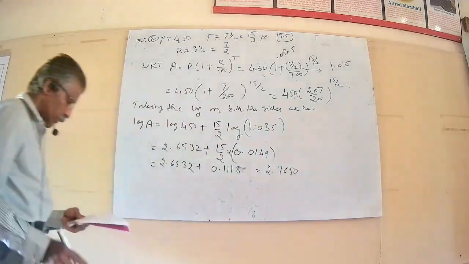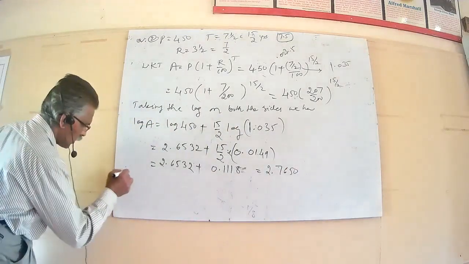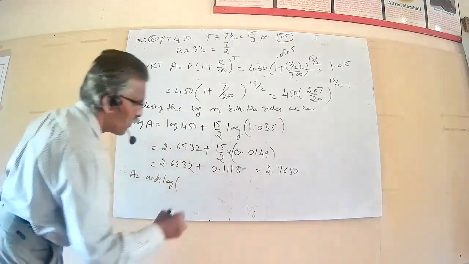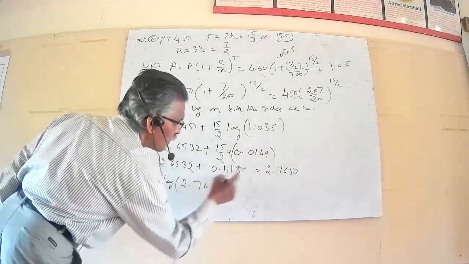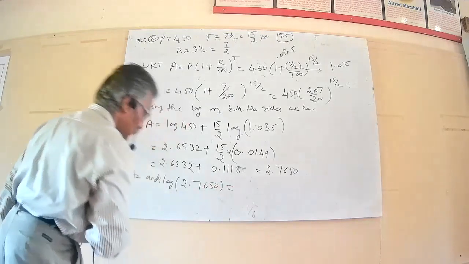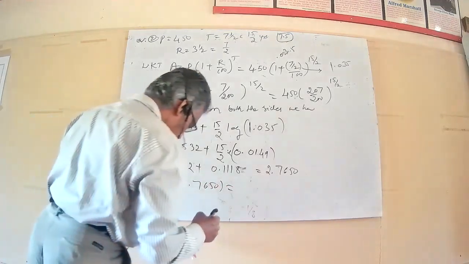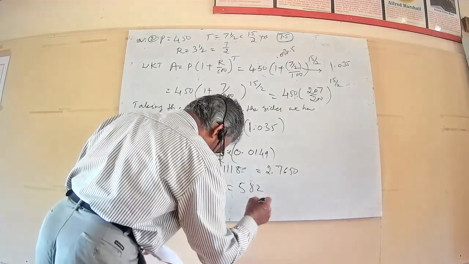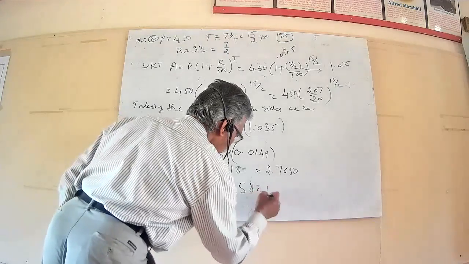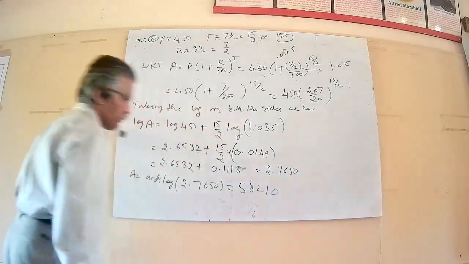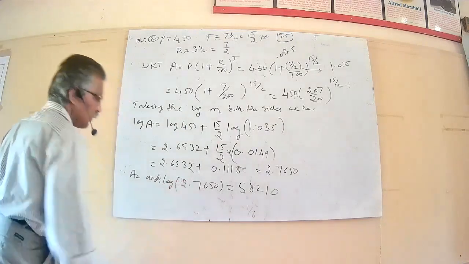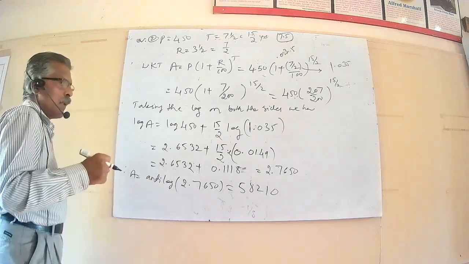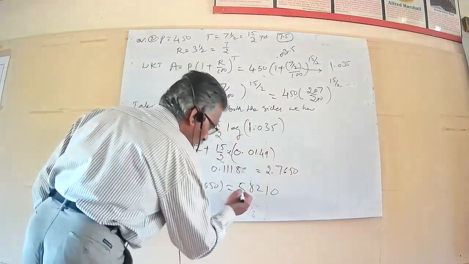2.7650, and therefore A equals the antilog of 2.7650, which is 58210. Since the characteristic is 2, 2 plus 1 is 3, so you have to place the decimal after 3 digits from the left side.